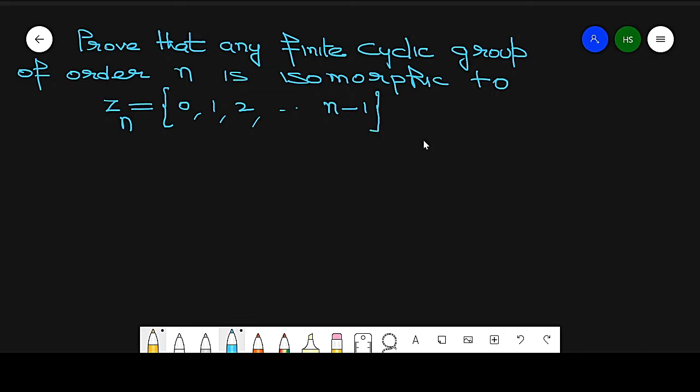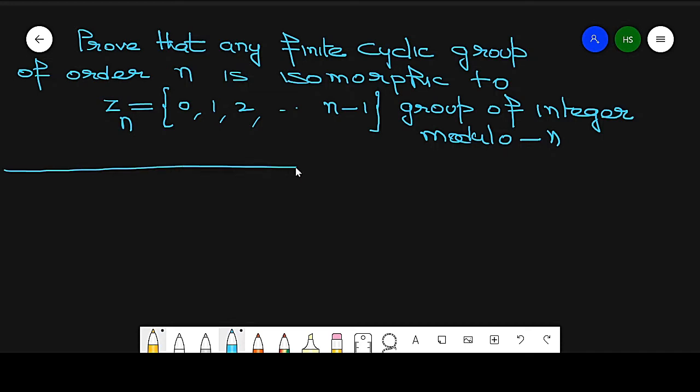So this is again a very important type related to the previous question. In the previous question, we know that Z is related to Z generated by n. Now here it is a finite cyclic group of order n.